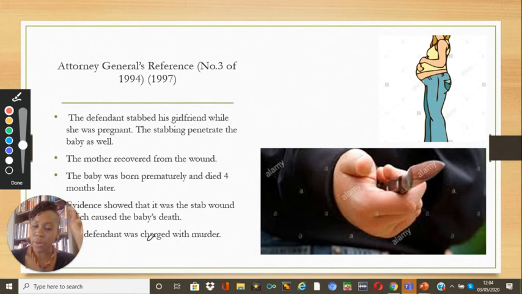Now, let's pay attention to the actus reus, which is the killing of a living, breathing human being. Remember Enoch and Poulton. Remember that the court said in order for a baby to be recognized as a living, breathing human being, that baby needs to be fully expelled from the womb. If you remember that, you should be able to guess what the court said in response to the defendant's charge of murder.